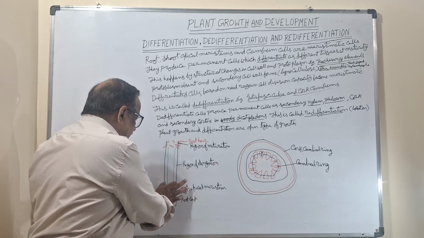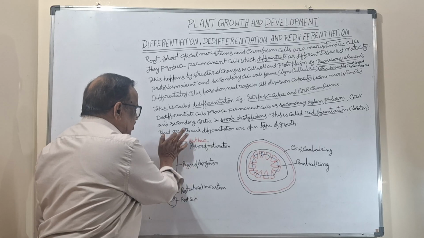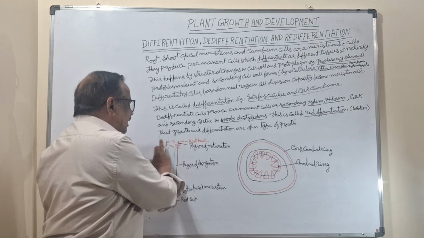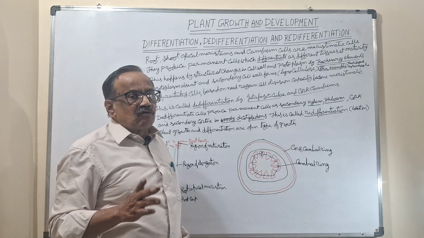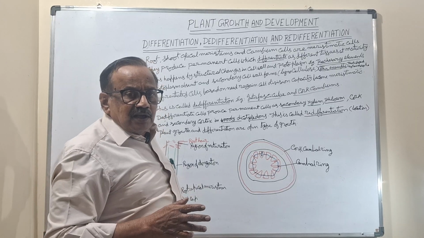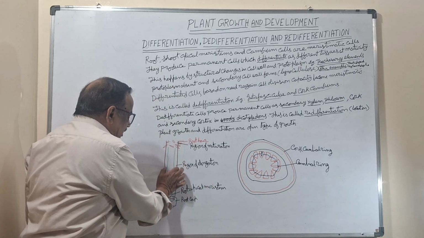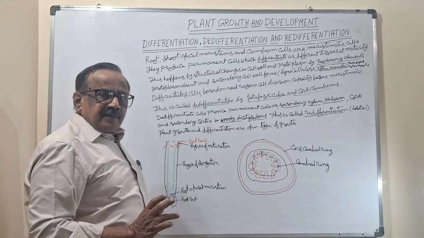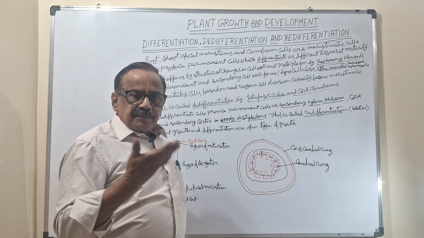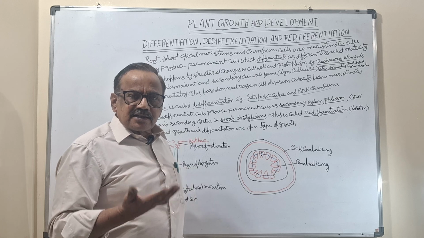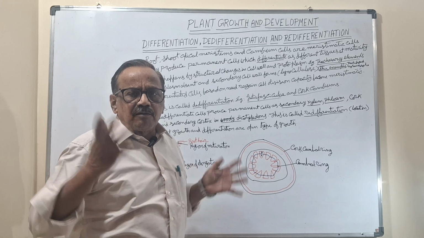Now, as it grows, this region goes to the proximal side, and this is the region of maturation. In the region of maturation, as we discussed in the previous videos, the undifferentiated cells present in the region of elongation will be differentiated as epidermis, cortex, and stele, and in the stele again xylem and phloem. Like that, different types of tissues form.